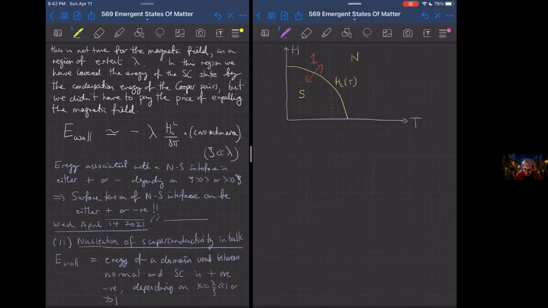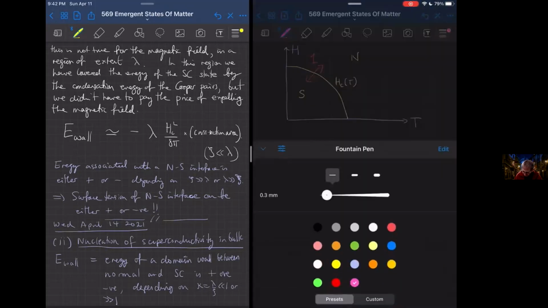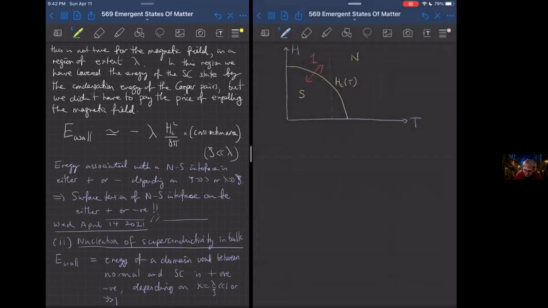And I think that color's too dim, so I'm going to make it a bit brighter. There we go. All right, so I want to ask what happens as you start off at, say, this point here, and then go down in field at fixed temperature below Tc. So there's Tc over there.